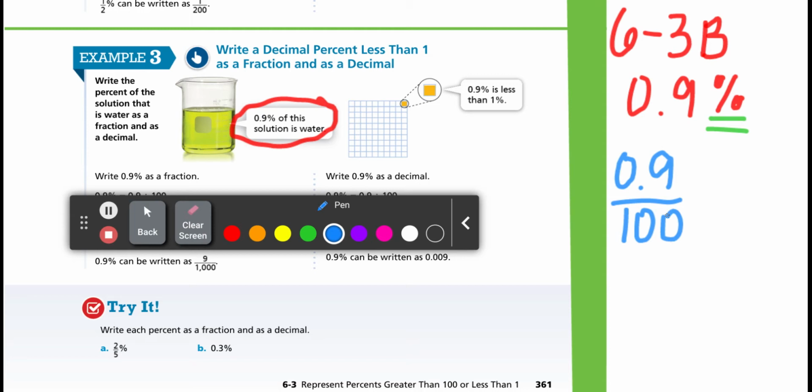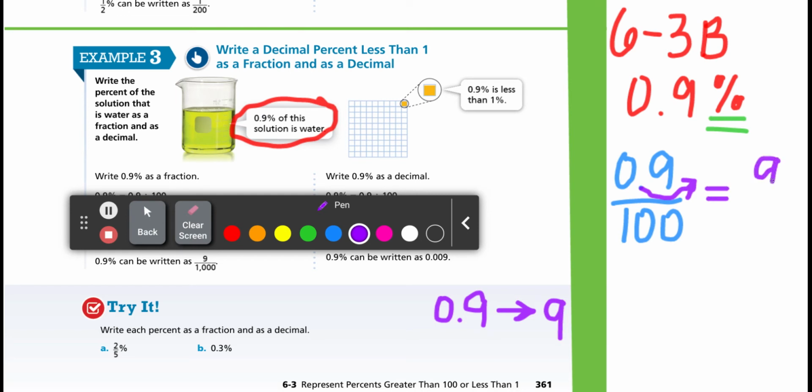Now, we have never seen a decimal as a numerator. That's because you can't have a decimal as a numerator. So we're going to be moving the decimal to the end of that whole number. In this case, we have to change 0.9 to the whole number of 9.